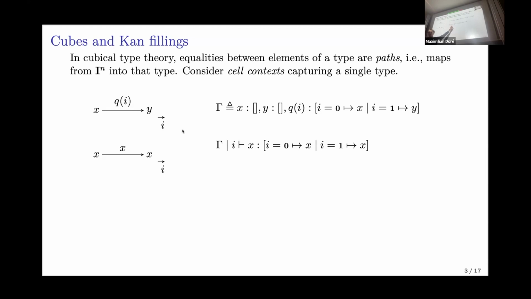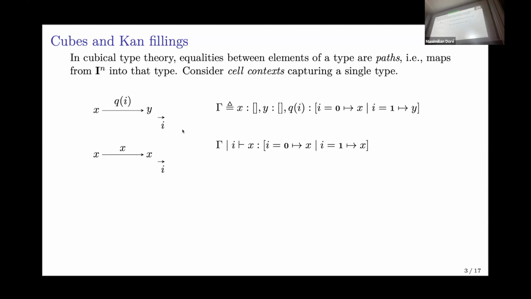So this is now considered a path. And the boundary of this, because it's just X, will be constantly X on both sides. So X considered in the interval context I is a one-dimensional path which goes from the zero-dimensional X to the zero-dimensional X.